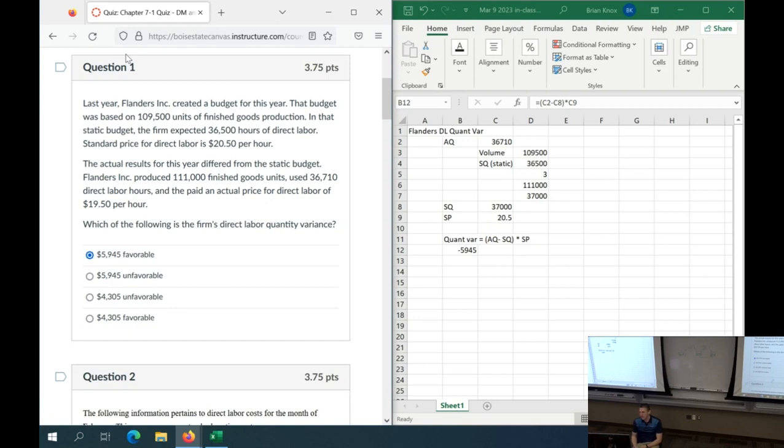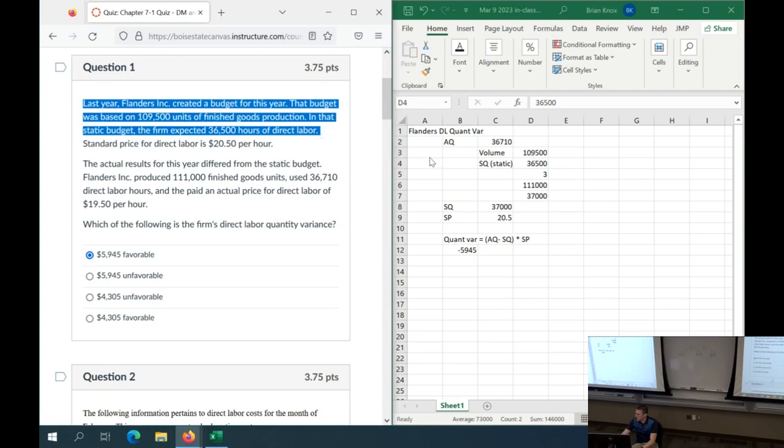The basic idea, maybe I can say something here that'll connect some dots, is that we're kind of like archaeologists here, and we're saying, back in the static budget land, what were our assumptions? If we had these two numbers, which are given to us right here, when we made the static budget, this is what we did.